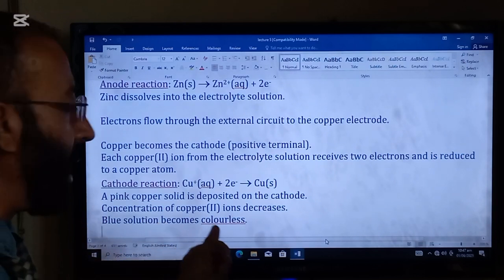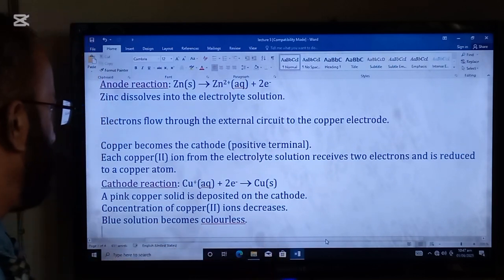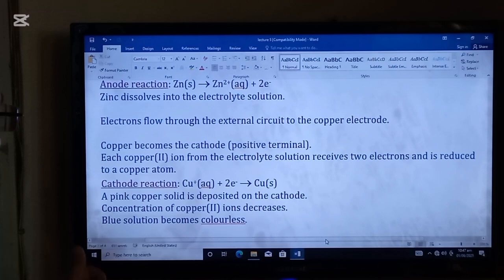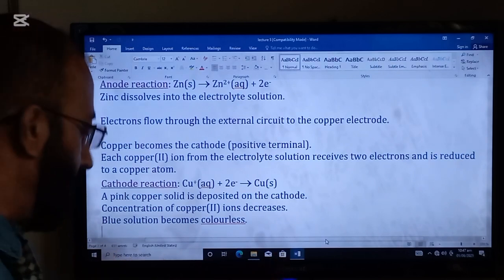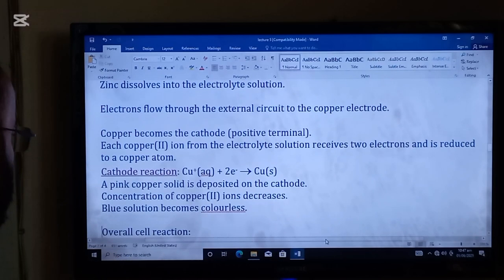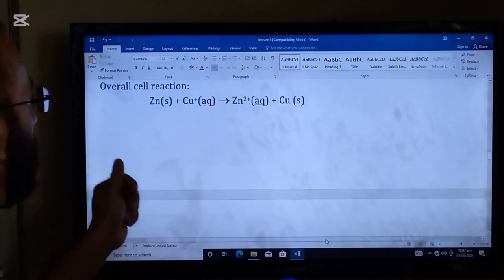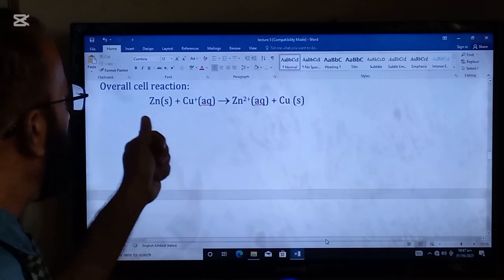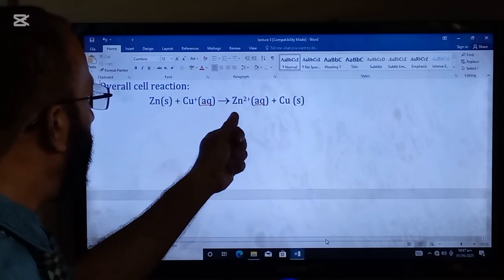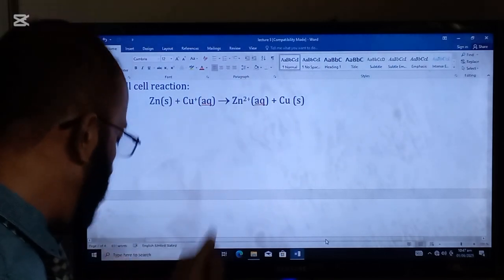Concentration of the copper ions decreases. Blue solution becomes colorless because of this. And the overall reaction will be Zn plus Cu2+ forms zinc ion and copper metal.